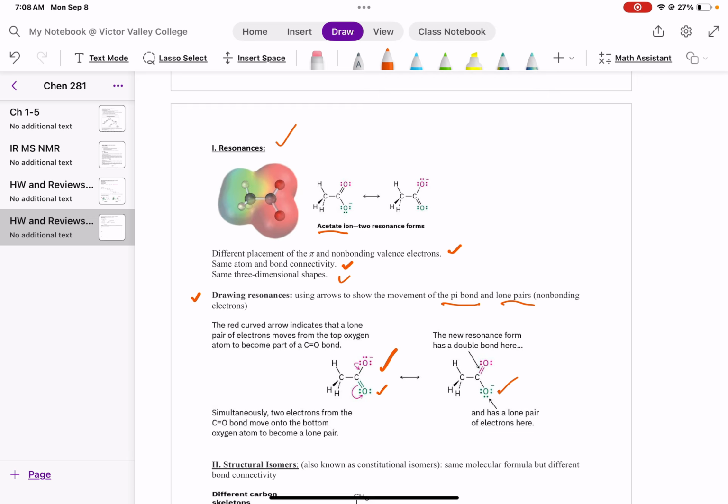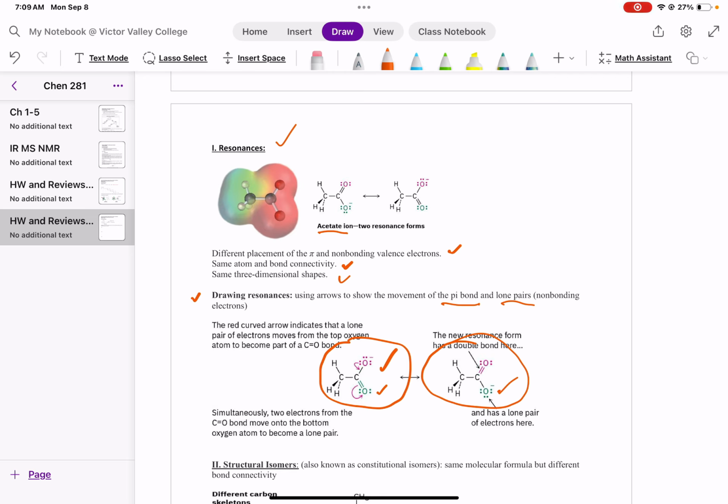The way the bonds and the lone pairs are built, it's just more stable, so it's more dominant, like 99% versus 1%. Well, in this case, these 2 resonances are equally stable because each of them has a double bond O and a single bond oxygen with a negative on the oxygen. So they're equally favorable.